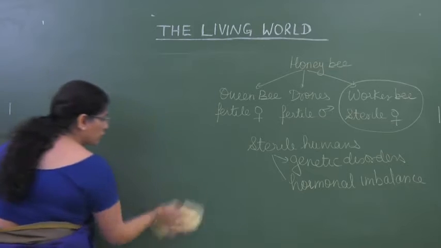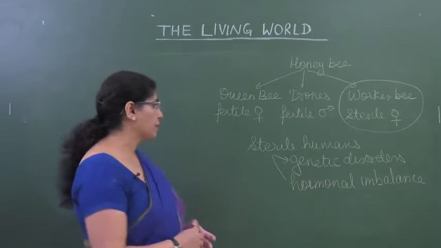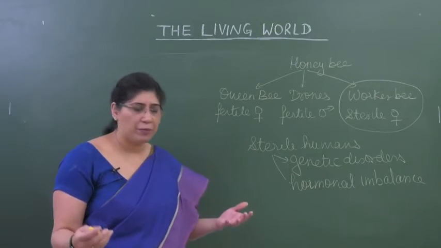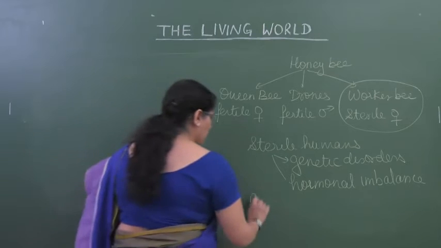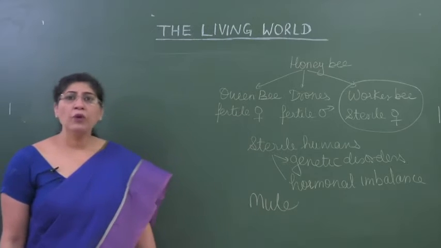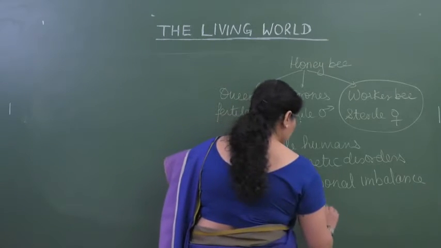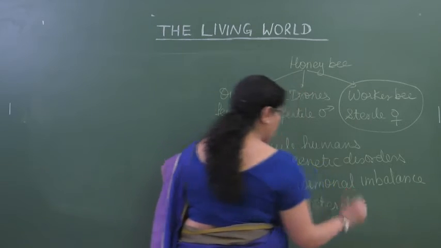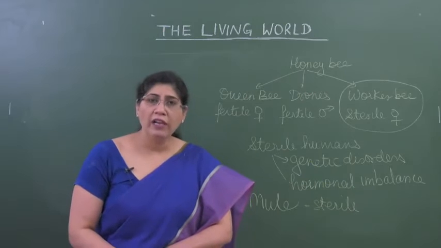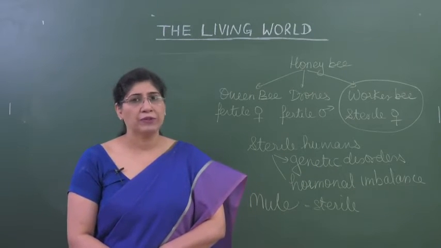So they will also fail to reproduce. Now we have certain hybrids. Of course, they are hybrids prepared under captivity, such as mule. A mule will also not reproduce. It is sterile. This means that all living organisms may not reproduce.